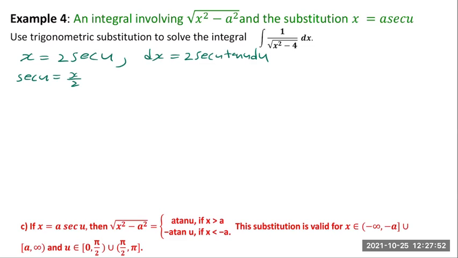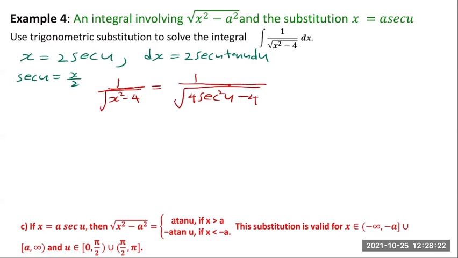So first, like in the previous example, I'm going to consider my integrand. My integrand is 1 over square root of x squared minus 4. I'm going to simplify this integrand a little bit and see what we are going to get. If I do the substitution, this is going to be equal to 1 over the square root of 4 secant squared u minus 4.